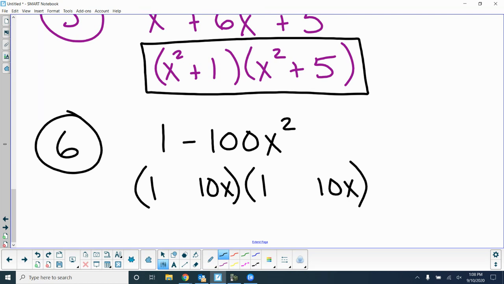Some of you would just put one set. And what do I do in between? One's addition, one's subtraction. So some of us were forgetting that there's 2 of them, and one's plus and one's minus. But this is what we do for difference of squares.